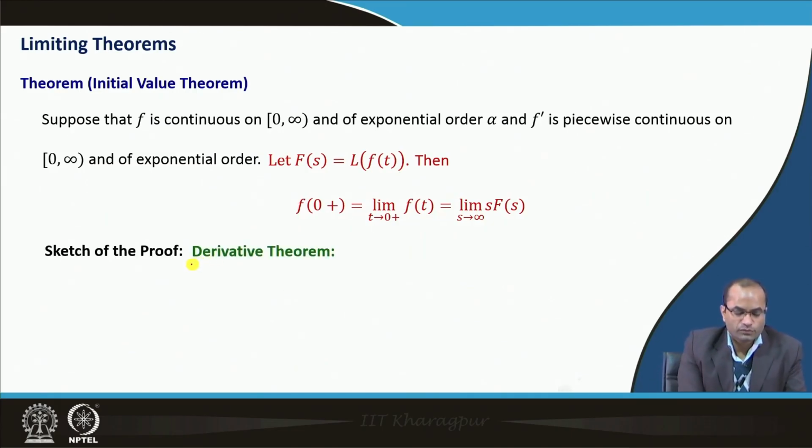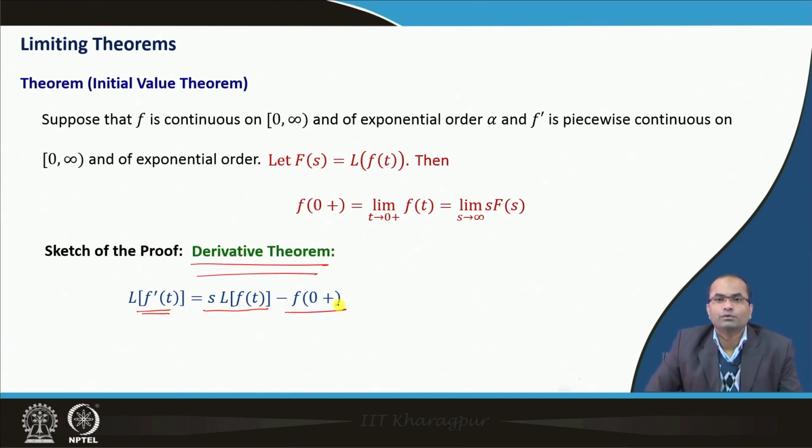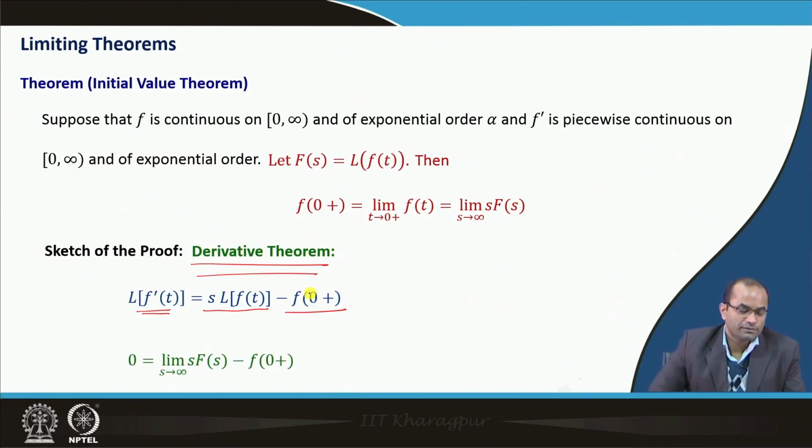Just to go through the proof of this, it is a quick proof with the derivative theorem. We know already the derivative theorem that the Laplace transform of f prime(t) is s times the Laplace transform of f(t) minus f(0 plus), when the function is not continuous, for instance at 0. So, we have to take the limit as 0 plus, which will always exist because of the assumption that f is piecewise continuous and of exponential order.